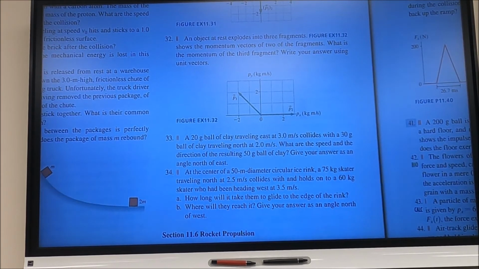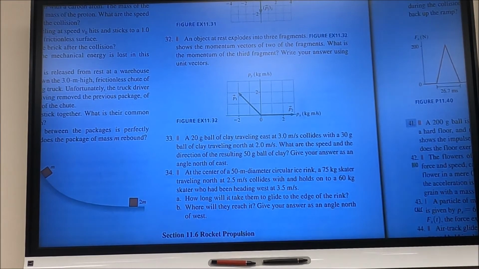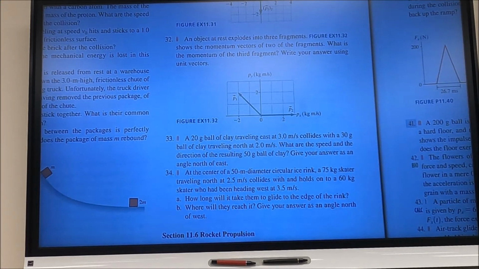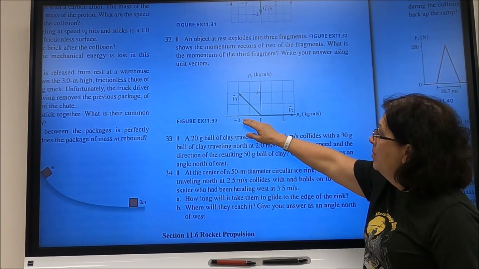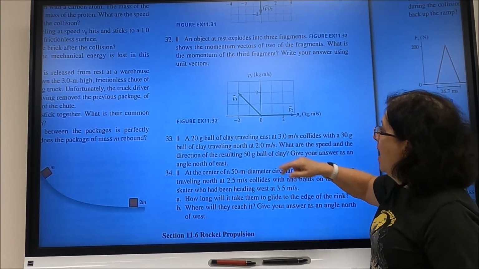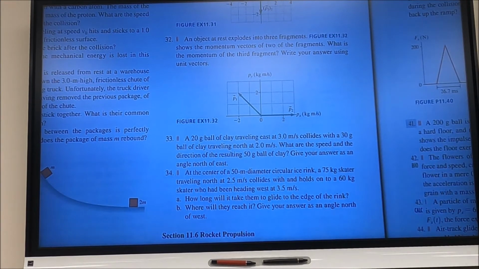Now, if I look at part 1, looking at this graph, I can see that it's got a -2 momentum in the x direction and a +2 momentum in the y direction.